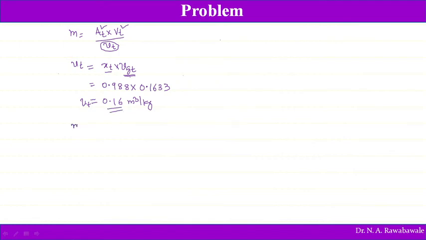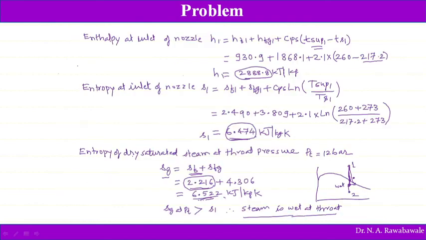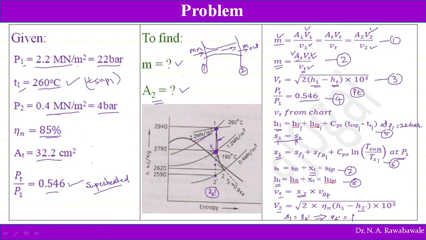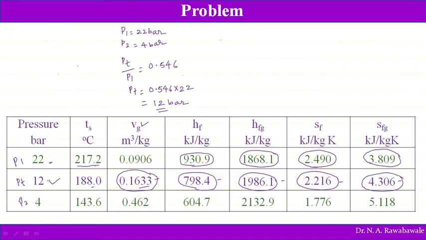So mass flow rate m is equal to area at throat into velocity at throat divided by specific volume at throat. Area at throat is 32.2 centimeter square.